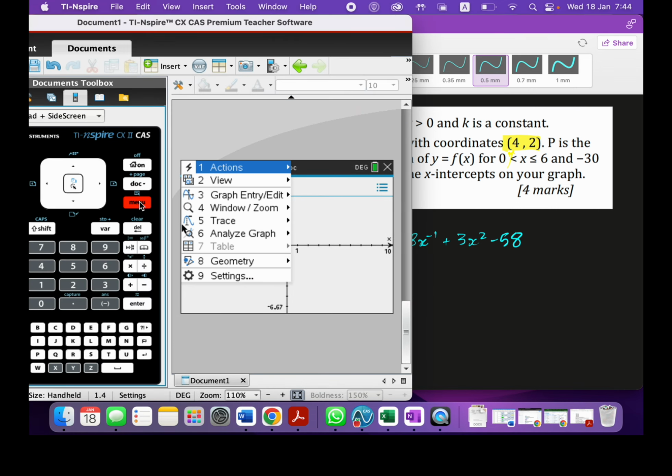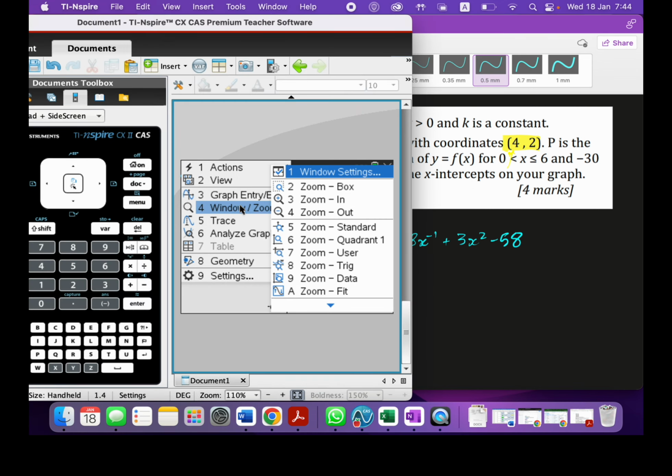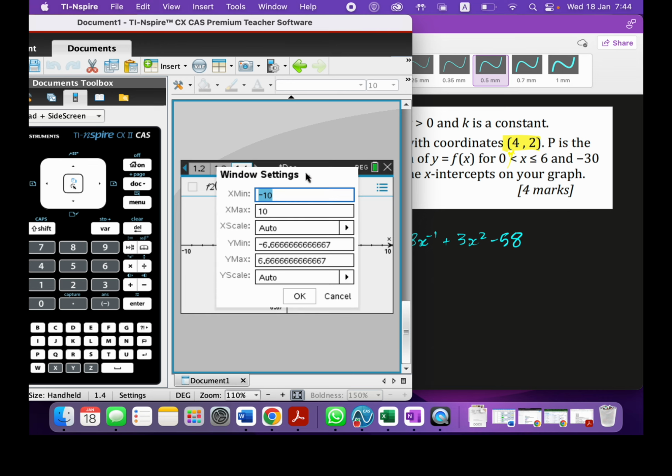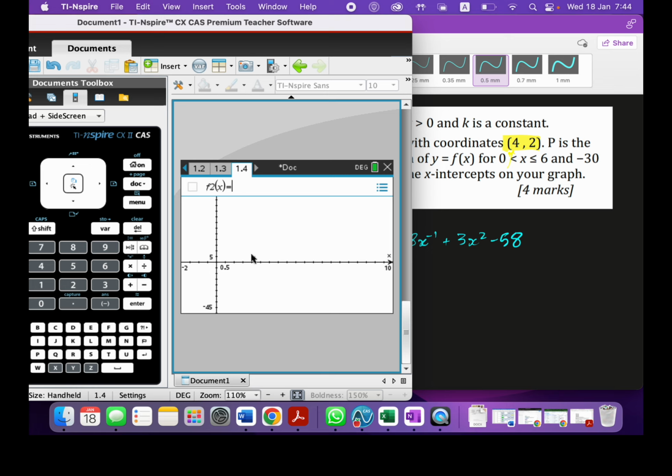So before I do anything else, I'm going to adjust my window. I'm going to go from negative 2 to 10 for x, which is fine. For y, I'm going to do from negative 45, and it said 60, so I'm going to go to 75, just so I get this zoomed in where I'll be able to see it.